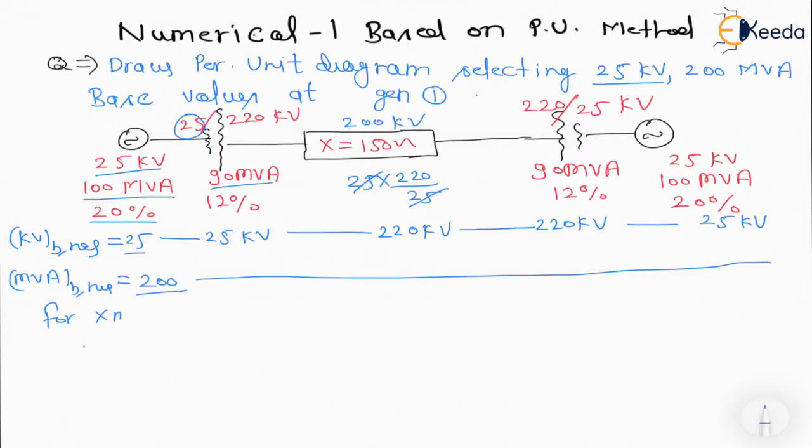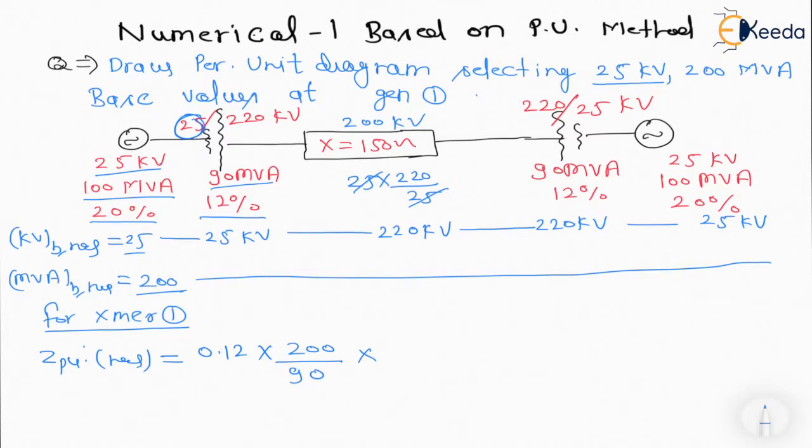For transformer number 1, ZPU new will be equal to ZPU old, which is 12%, so 0.12, into MVAB new, which is 200, upon MVAB old, which is 90, into KVB old upon KVB new squared. KVB old means this value, because on 25 kV and 90 MVA it was 12%.